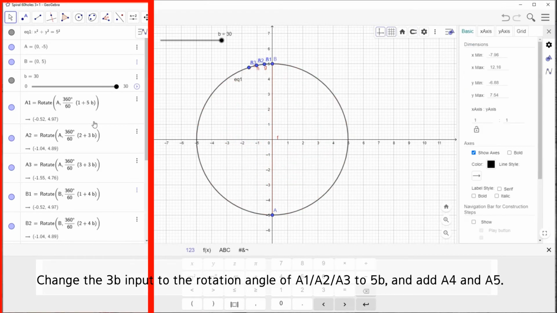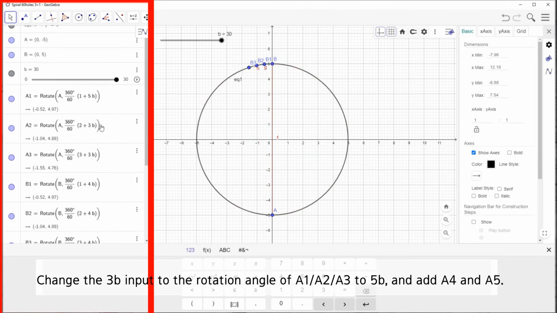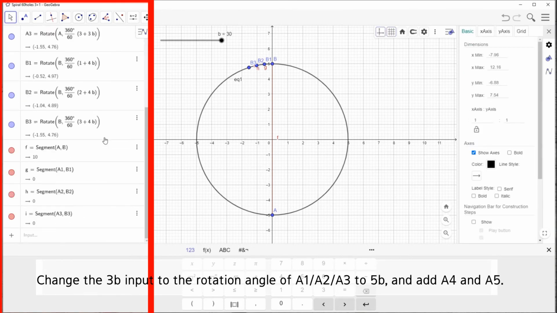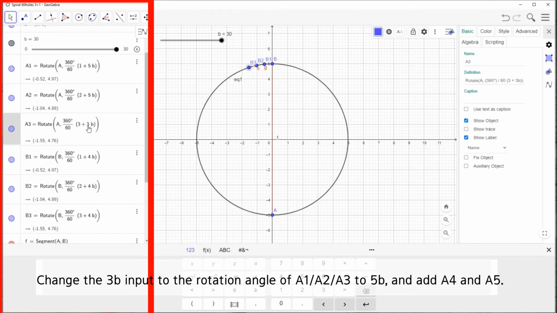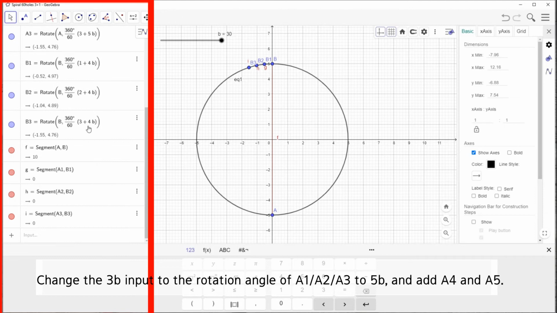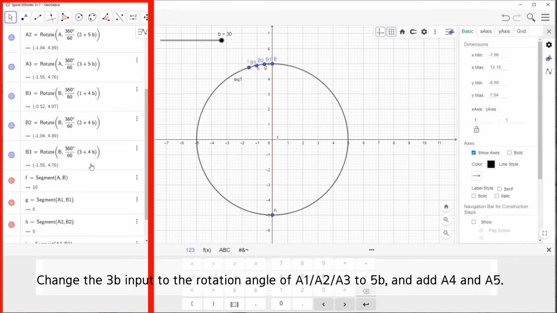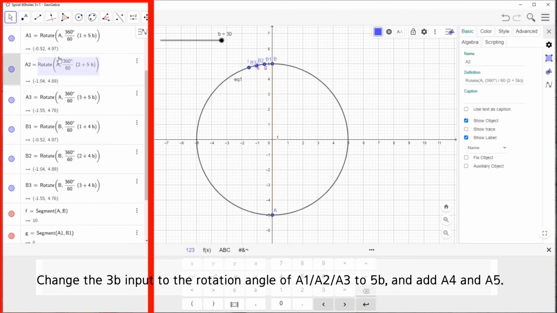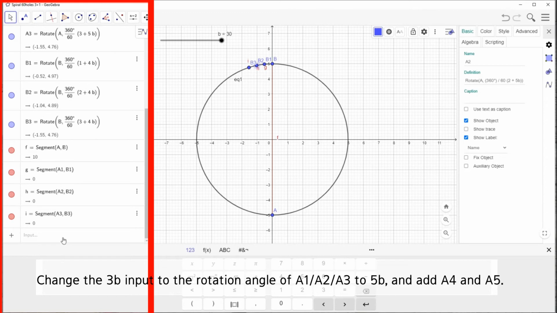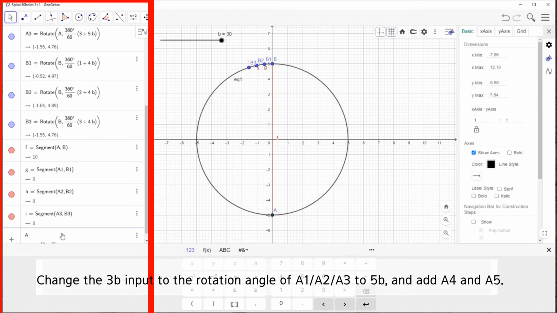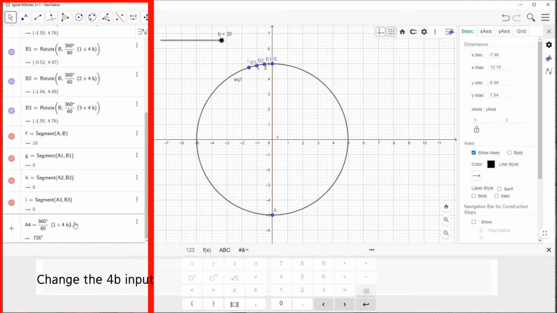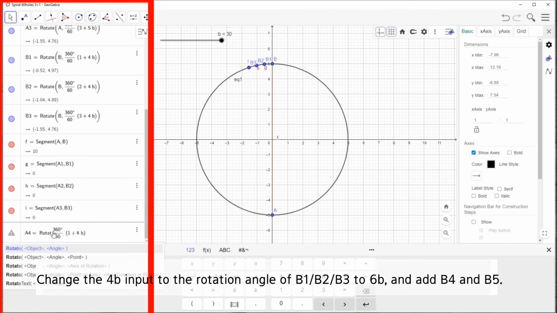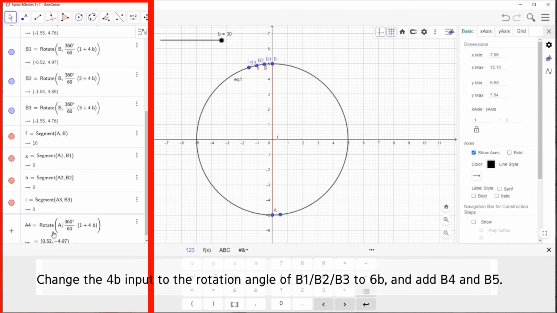Change 3B in the rotation angle of A1, 2, 3 to 5B and add A4 and A5. Change 4B in the rotation angle of B1, B2, B3 to 6B and add B4 and B5.